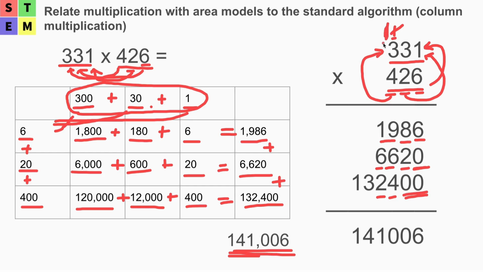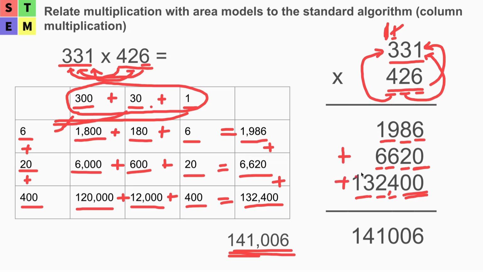Then 3 times 4 is 12 plus 1, which is 13 here. So we have 132,400.